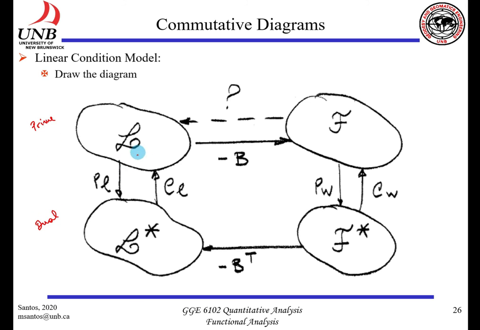The relationship between prime and dual is the weight matrix or its inverse. And we have here the same. The relationship between the observation space and the model space is the design matrix, and we know that in the conditional model we use the second design matrix. So how does it look? Okay, I'll let you work on this.